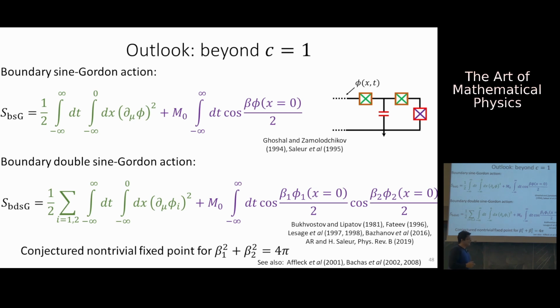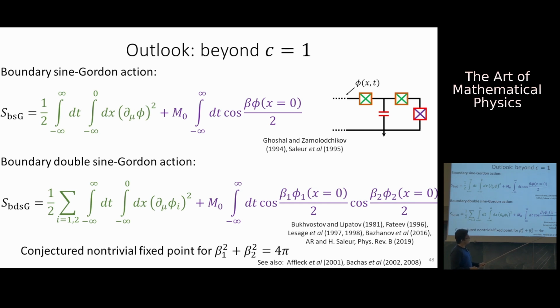And the interest in this comes from Hubert's earlier works, these works here, where he had conjectured a fixed point that seems to be there only for beta 1 squared plus beta 2 squared equals 4 pi. And my goal has been to either prove or disprove his conjecture. And just one word of caution is that you should not think that this is the only fixed point.